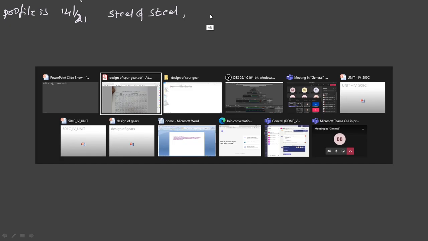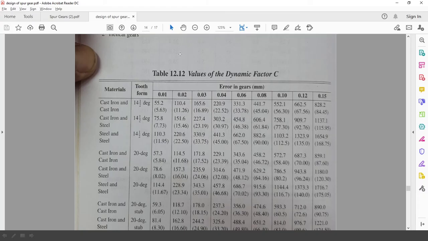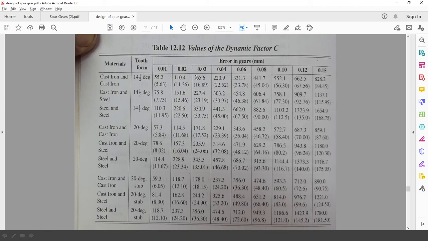As I said, refer to table 12.12. The materials are steel and steel, the tooth form is 14.5 degree. For error 0.02 you have one value and for 0.03 another. Go for the interpolation method to find the value of C.